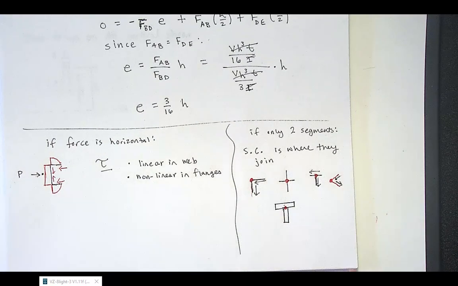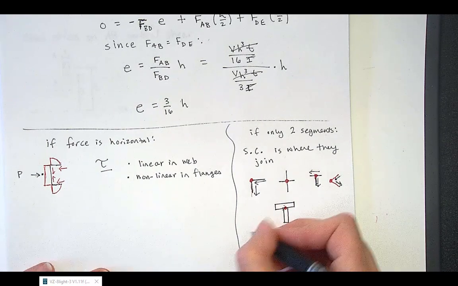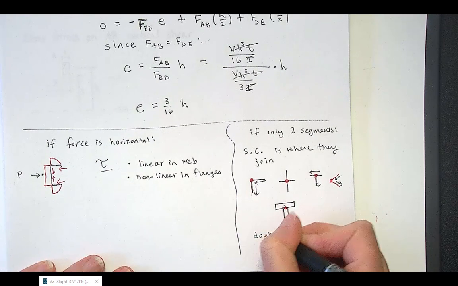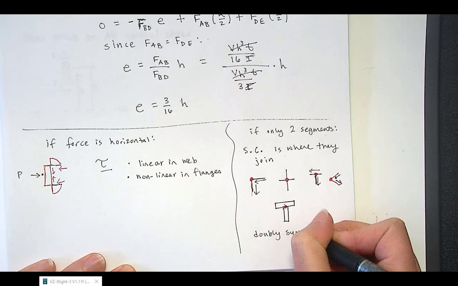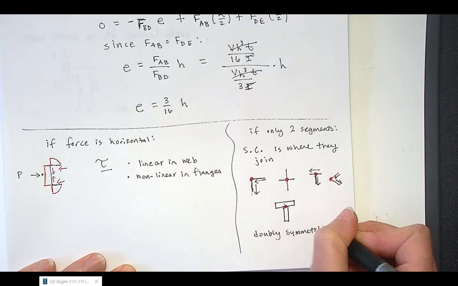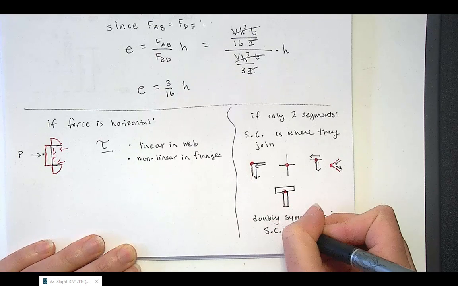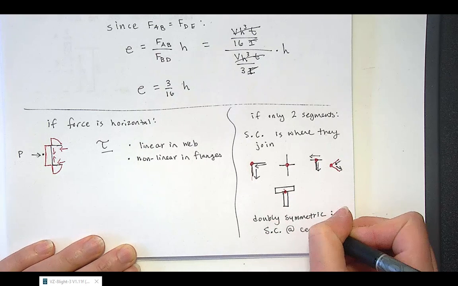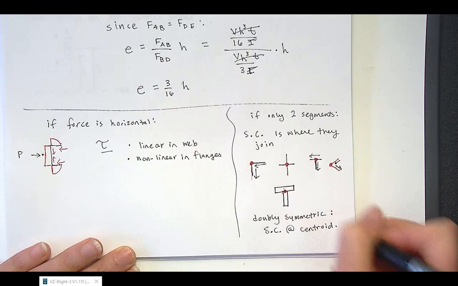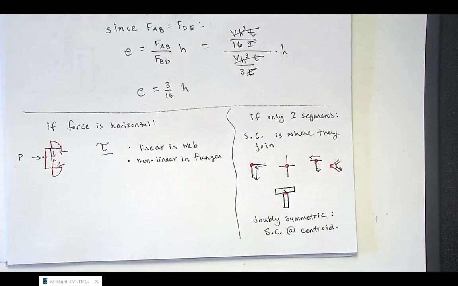And then if you have doubly symmetric sections, of course, it's located at the centroid. All right. Any questions?